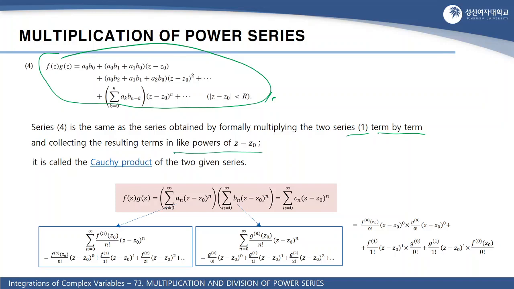In other words, here you can see a product of f(x) times g(x), and on the right hand side, the product of their series expansions, which means the summation n is 0 to infinity of a_n times (x minus x naught) to the n for f(x), times the summation n is 0 to infinity of b_n times (x minus x naught) to the n for g(x). This should be equal to this series expansion by assumption.